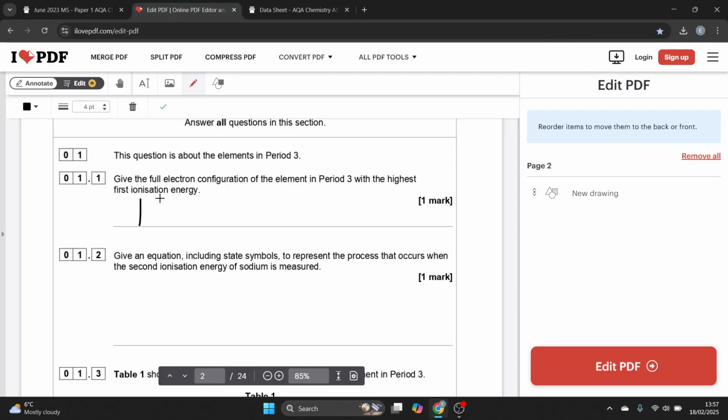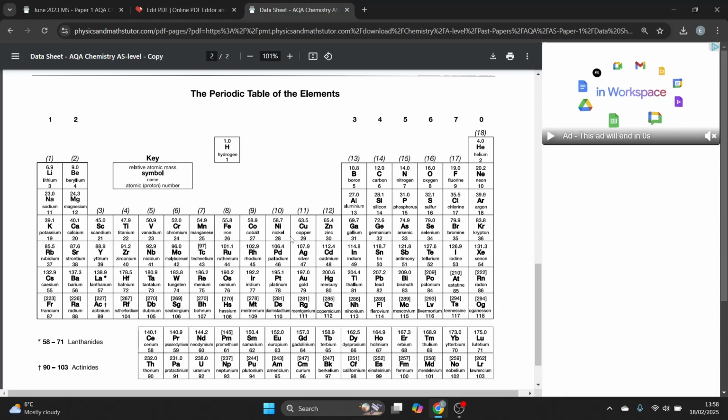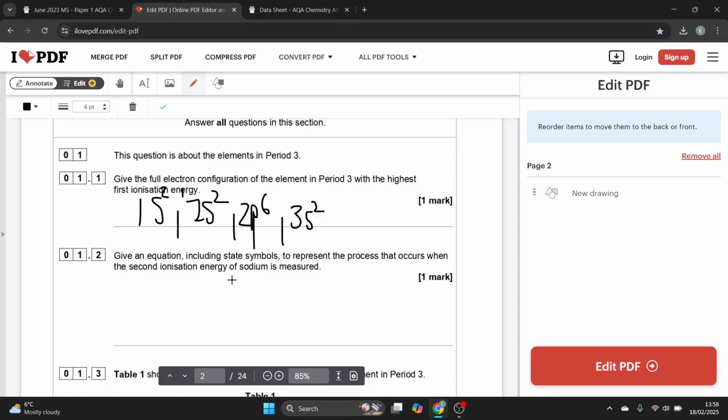So 1s2, 2s2, 2p6, 3s2. Because once you go further than calcium, the electrons are going to be in another outer shell, so it's going to be more shielding.